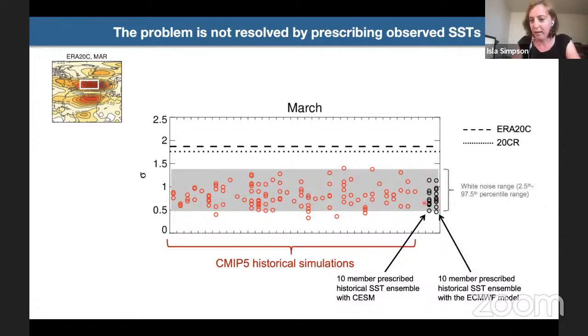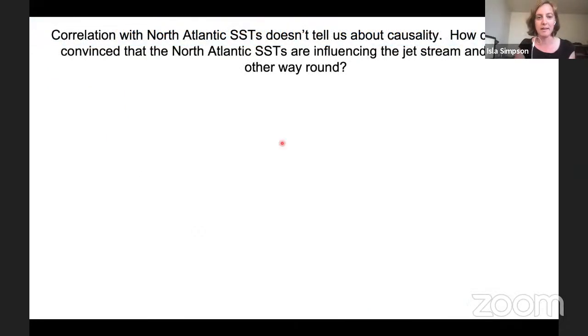They sit within the range expected for white noise, and they don't come close to the magnitude of low frequency variability we've seen in the real world. So even if you give the model the right SSTs, it doesn't produce the low frequency variability in the jet stream. If we did want to argue for SSTs forcing the jet stream, then the models would have to be deficient in their representation of that response to the SST variability.